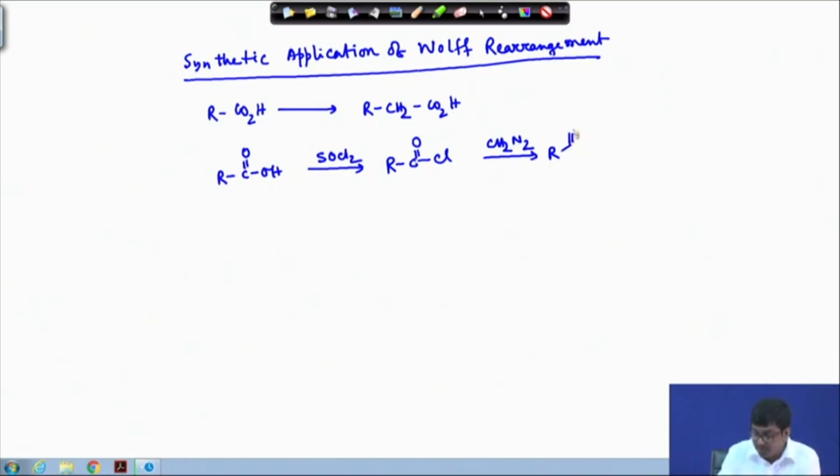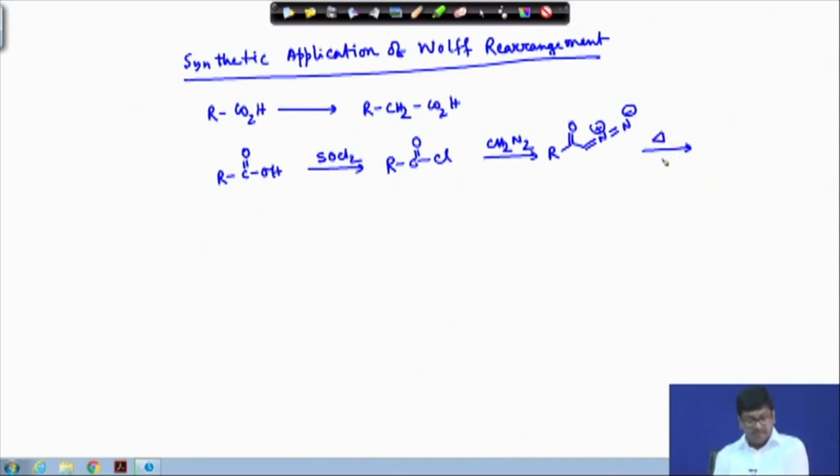Now, once it is there, this is ready to generate our desired carbene precursor.